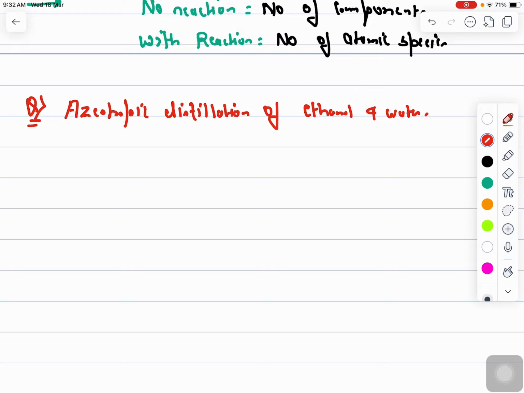In azeotropic distillation, you require some extra component for distillation, and that extra component will be benzene.